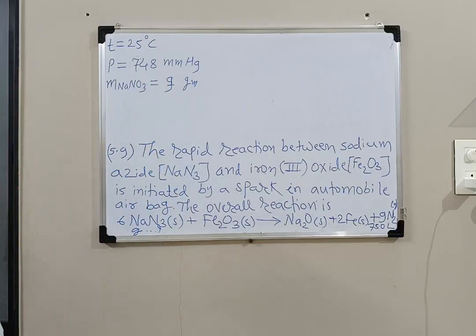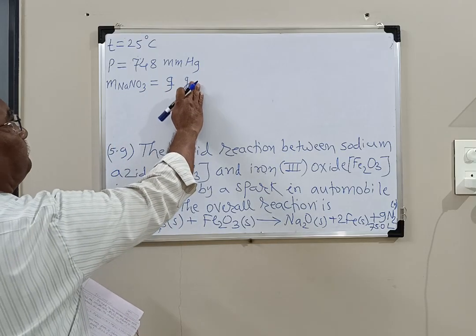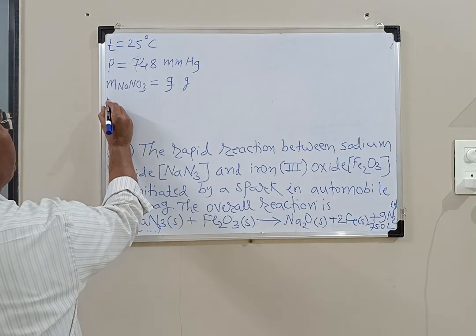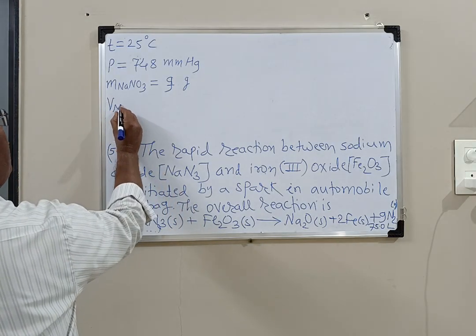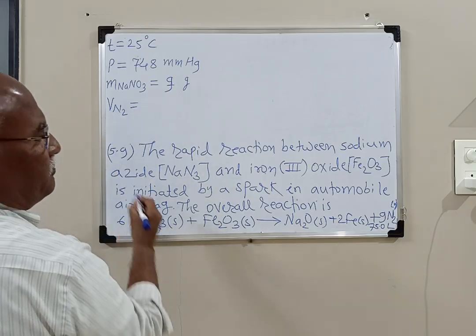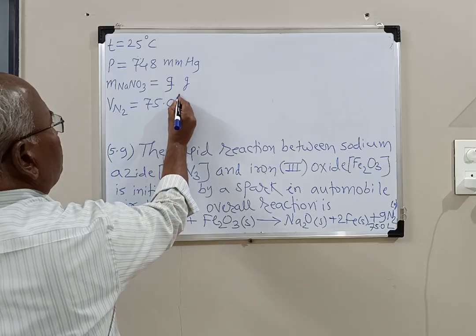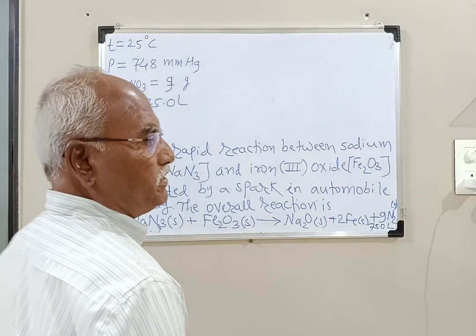This is provided. And volume of nitrogen, V of N2, is equal to 75 liter.